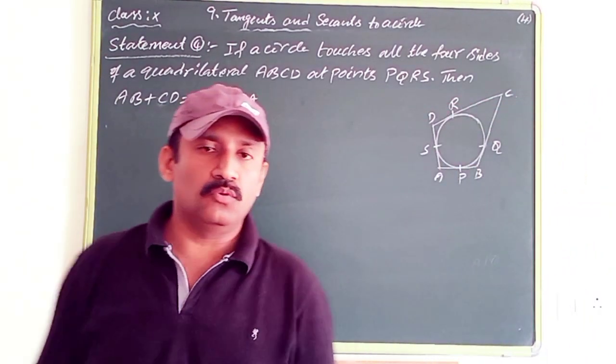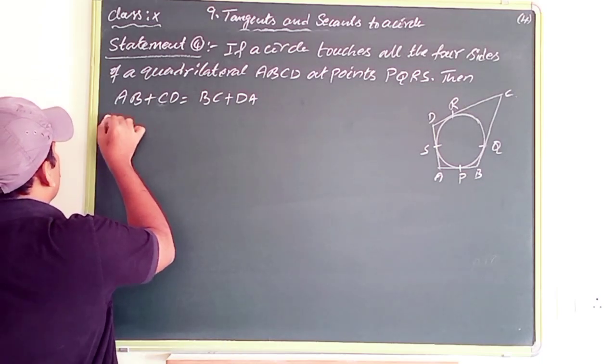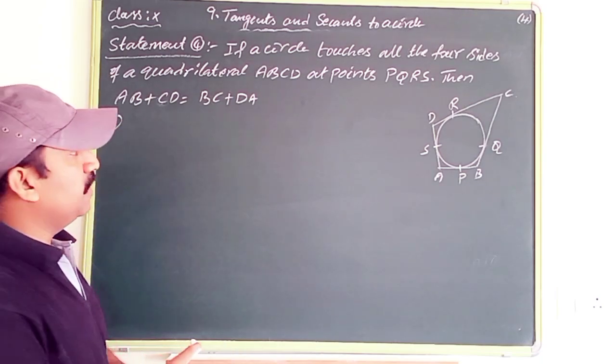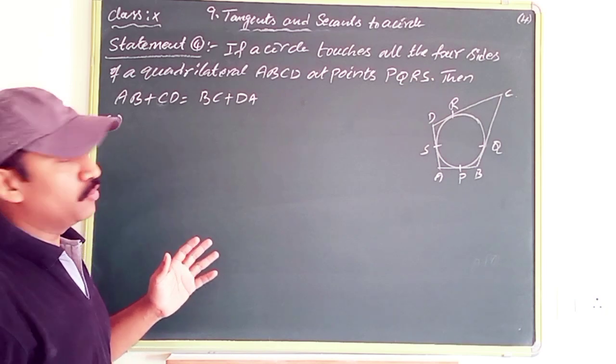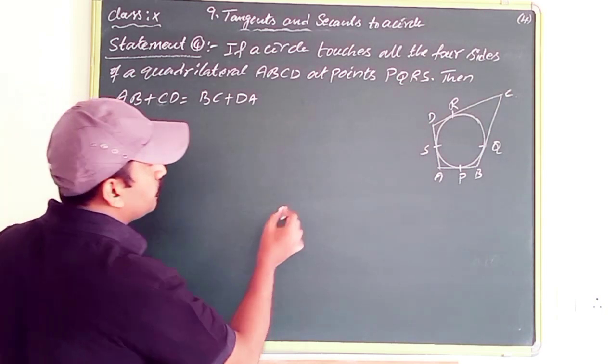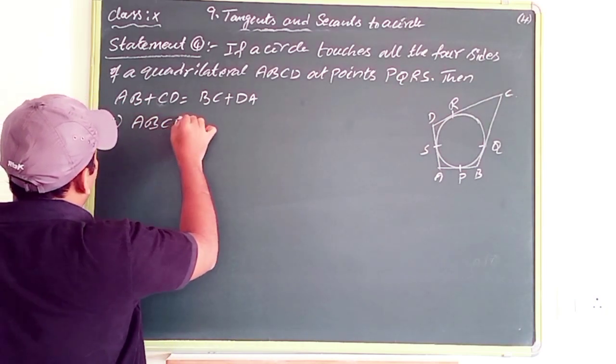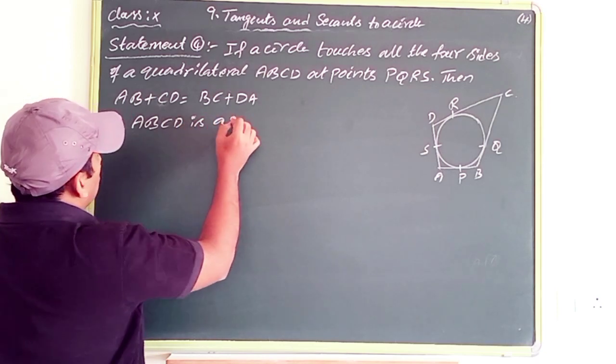So how can we prove that? It's a very easy statement, not a theorem, but a very important statement it is. Okay, so how can we prove that? Here ABCD is a quadrilateral, right?